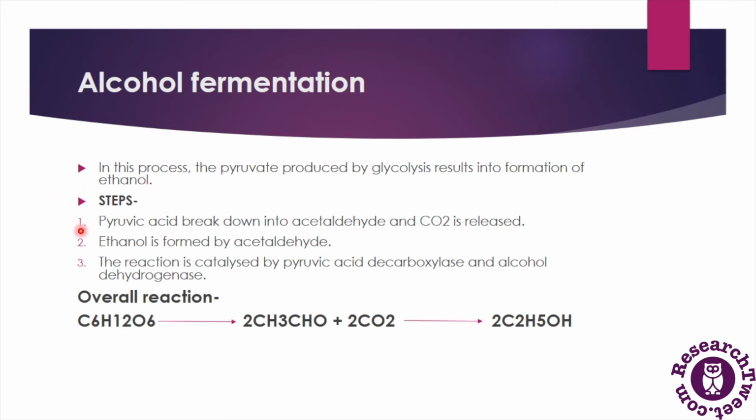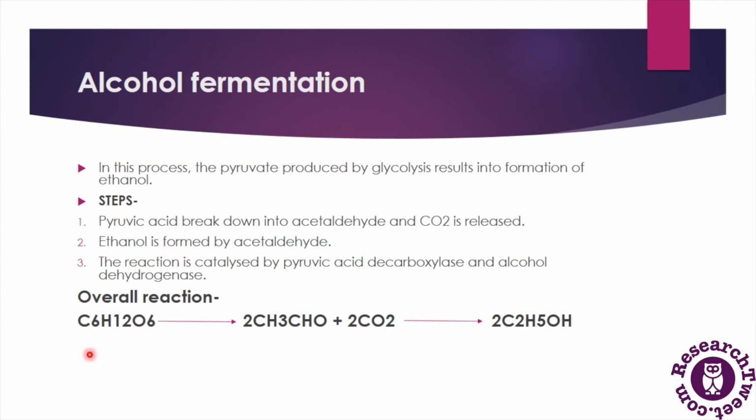The first step is the pyruvic acid breakdown into acetaldehyde, and carbon dioxide is released. In the second step, ethanol is formed from acetaldehyde. So it is a two-step reaction, catalyzed by pyruvic acid decarboxylase and alcohol dehydrogenase.